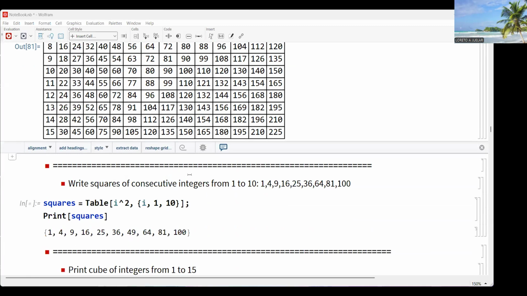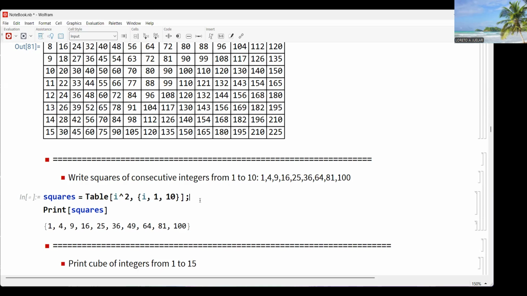Now, if you want to write the square of the integers from 1 to 10, so we have to square the I here. So the output here is 1, 4, 9, 16, 25, 36. So these are the squares of the integers from 1 to 10.